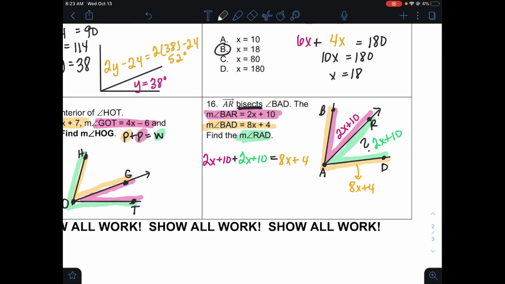All right, and then just type this into NSolve or solve for x. Okay, so we get 4 equals x, and then we're just going to plug it back in for RAD.